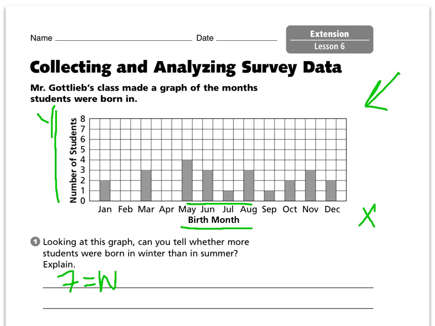And then in the summer you have May, which is 4, plus June, which is 3, together that's 7, plus 1 in July is 8, plus 3 more would be 11 in the summer. So looking at this, you can, by just calculating and adding up the different students born in each month.